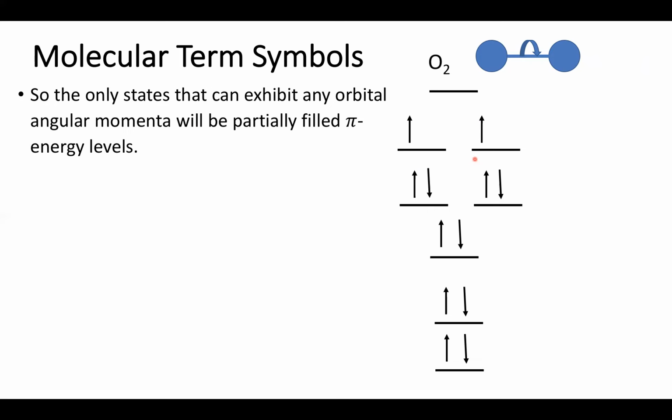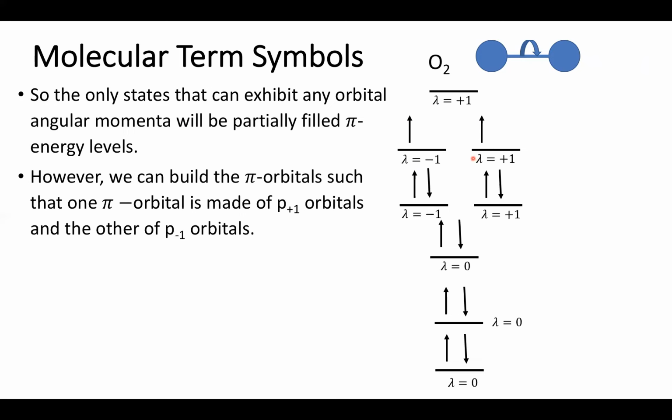So let's go ahead and try and break this down into parts with our good old friend O2. So for O2, all of my sigma orbitals are going to have a lambda of 0. But for my pi orbitals, one set is artificially going to be set as +1, one set as -1. The choice here is actually fairly arbitrary, and this is going to have some important consequences that we see in a minute.